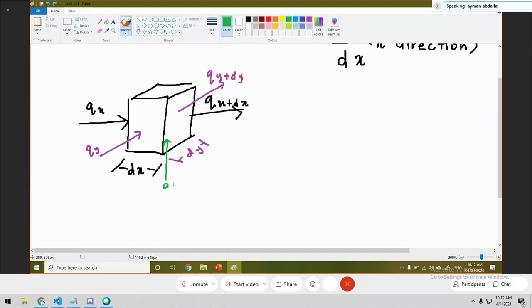Doctor, may I ask, should it be from the bottom to the top? It can be either way. It depends on your point of view, on which side the heat comes in.